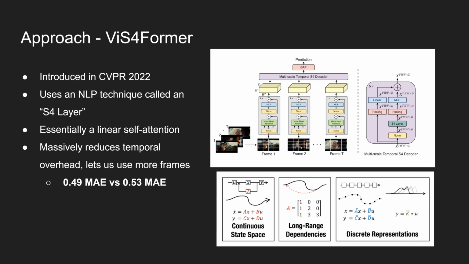And I wish I could explain it more in depth, but it's essentially modeling temporal relationships between features using some very clever matrix math. It's not very simple to explain, but it allows us to actually use almost 3 times the frames with the same amount of overhead during attention. And using this, we're able to get to 0.49 mean average error versus that 0.53 that we've recorded.